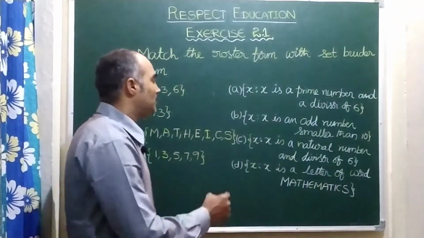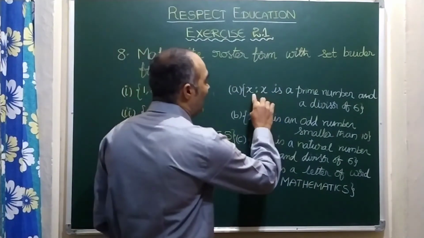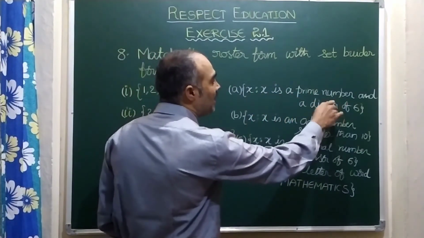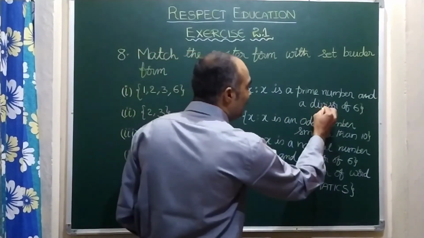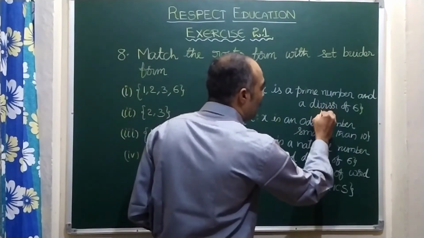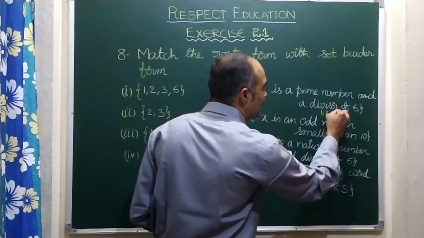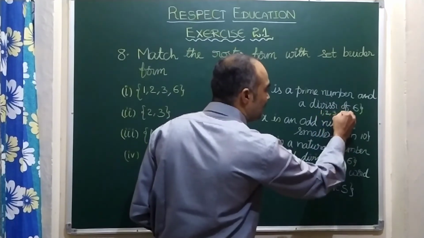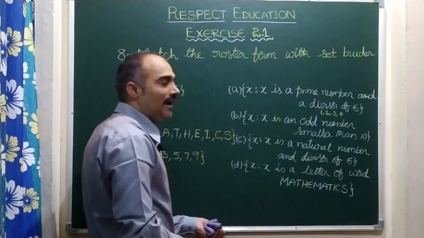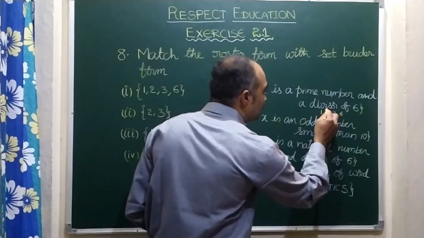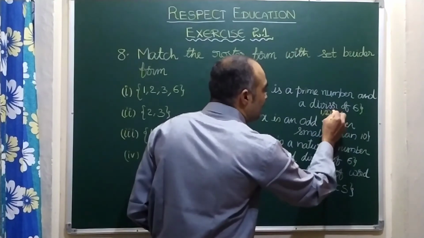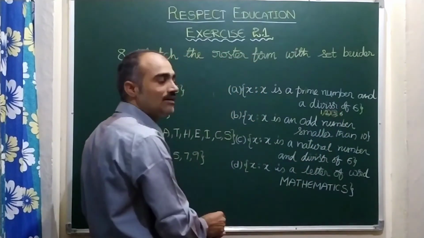Right? So here let us see the first one. X such that x is a prime number and divisor of 6. As you know, children, the divisors of 6 we can write as 1, 2, 3, and 6 itself. And here the prime numbers, so let us round up the prime numbers 2 and 3. These are prime numbers and they are also divisors of 6.